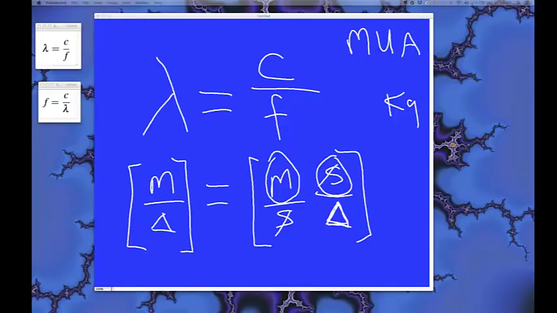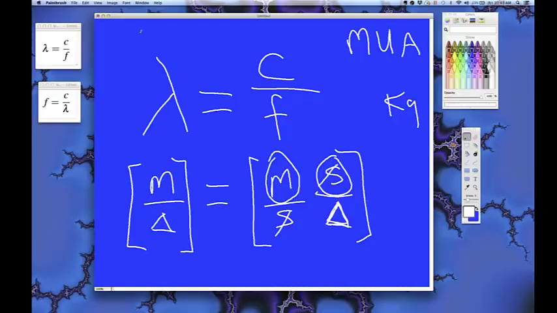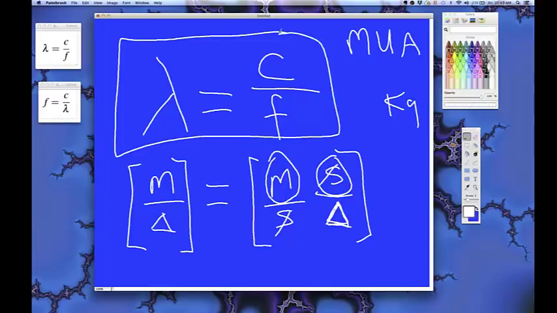So this equation right here converts from the frequency domain to the wavelength domain. But it does something else. It is a conversion from the frequency domain to the wavelength domain.